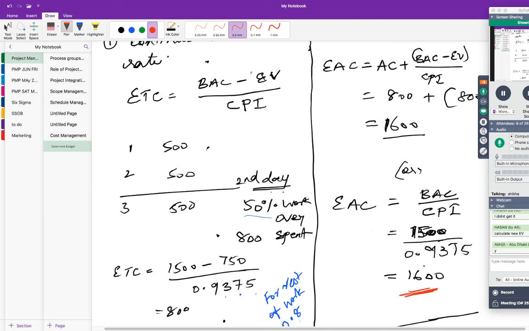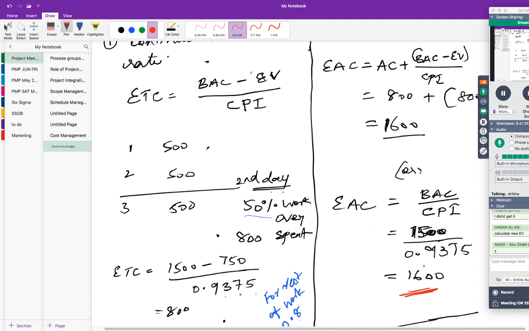So if you have to do the rest of the work in the remaining fund, the remaining work should be done in the remaining fund. He is not going to give you extra fund. So in order to do the rest of the work in the remaining fund, at what rate you have to go?